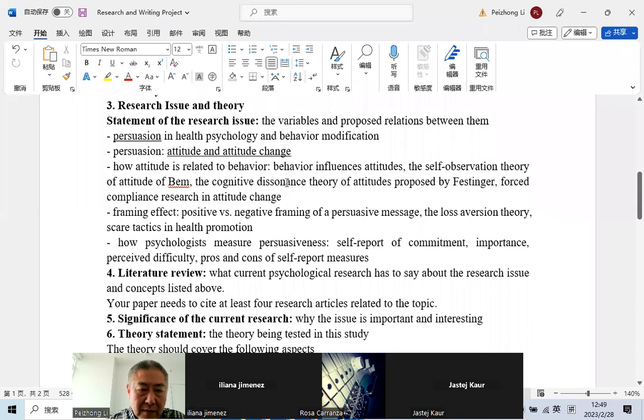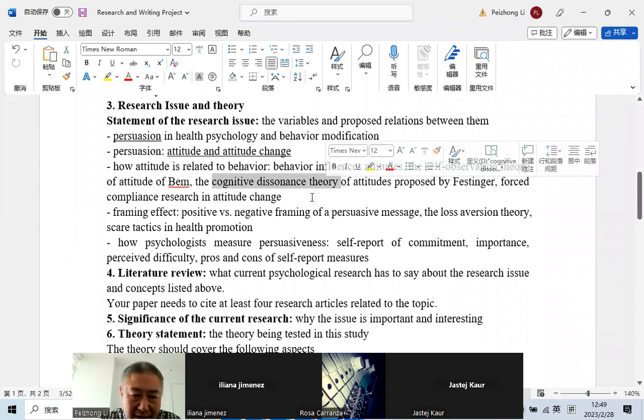Another theory related to attitude and behavior is the so-called cognitive dissonance theory. Anybody remember what the cognitive dissonance theory is? We covered this one in social psychology in 104.